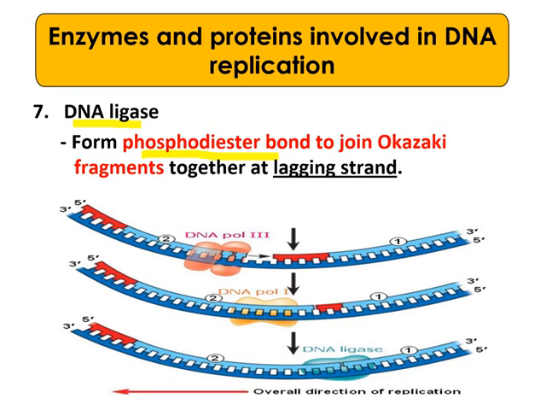As we discussed earlier, the function of DNA polymerase 1 is to replace the RNA primer with free DNA nucleotides. But DNA polymerase 1 cannot join the final nucleotide of this replacement DNA fragment to the first DNA nucleotide of the adjacent Okazaki fragment. So that's why we need DNA ligase to form a phosphodiester bond to join the Okazaki fragments.